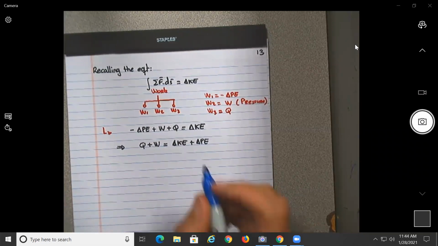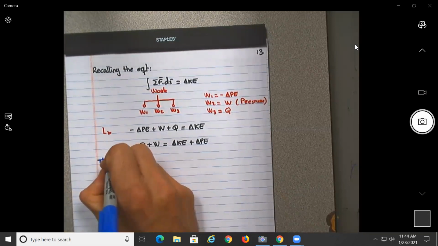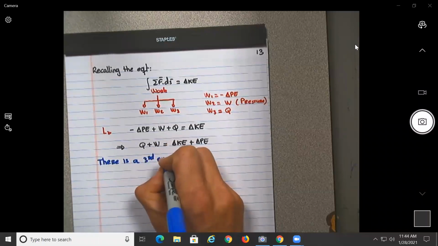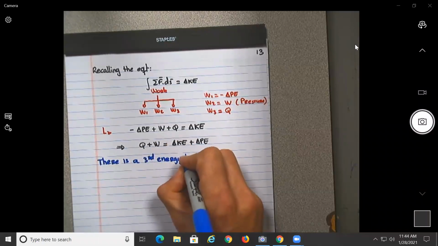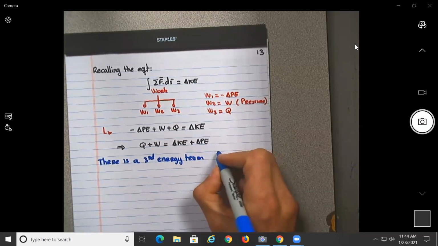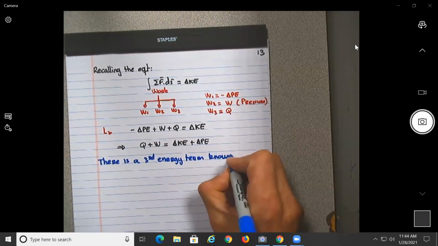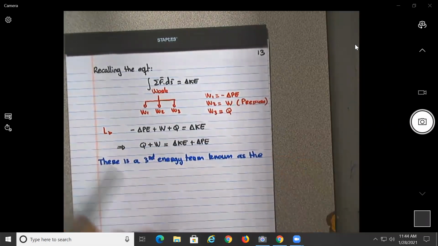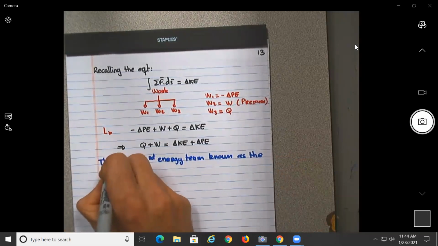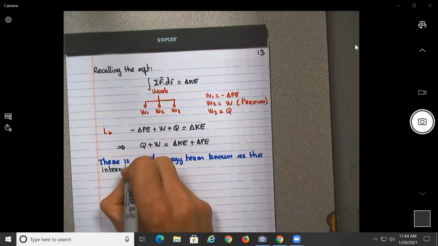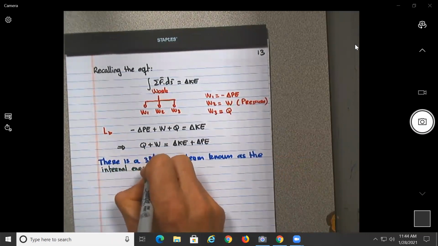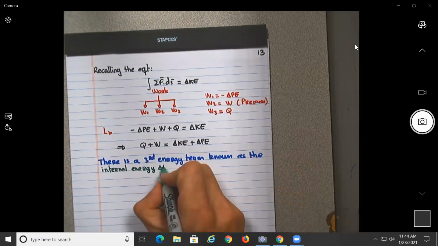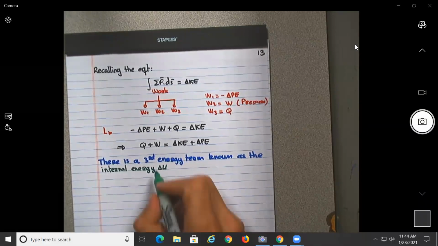So there is a third energy term known as the internal energy. Okay, and this term will be known as the change in internal energy. They use the letter U.